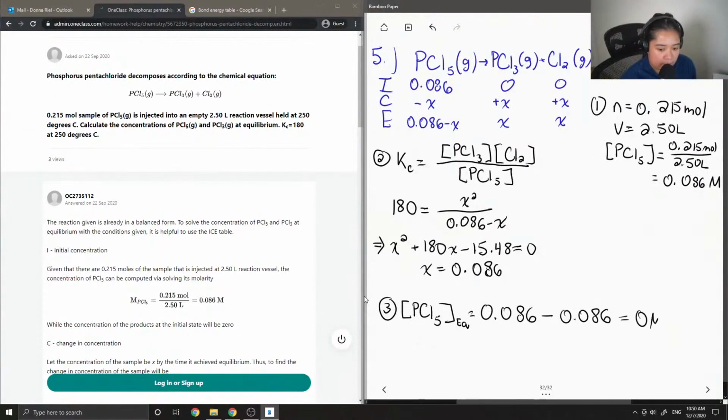So it's just going to be 0. And the concentration of PCl3 at equilibrium is equal to 0.086. It is also equal to the concentration of our chlorine.